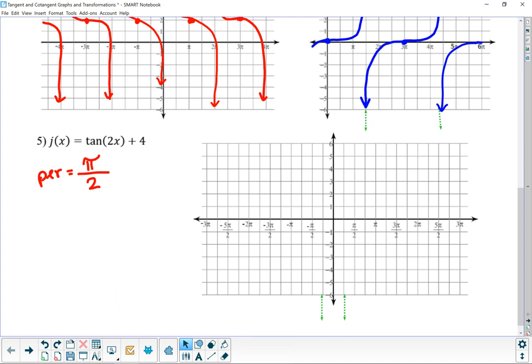Okay. And normally I would just draw that in, like this. And tangent is going upwards. But in this case, I'm going to have to go up 4. So normally tangent is like this, but I'm going to have to go up 4.